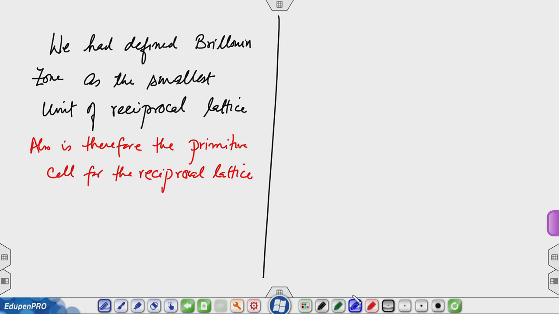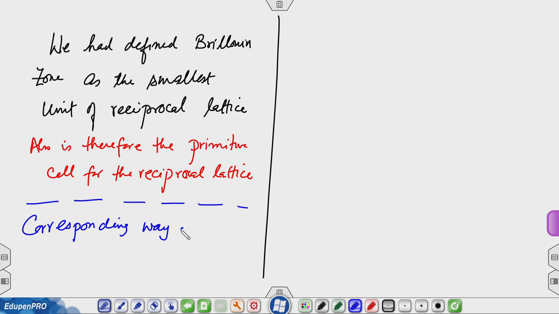Now, there is a corresponding way of getting the primitive cell in real space, and this I had not done earlier. So, I am going to do it today, so that the two are related and they are sitting right next to each other.